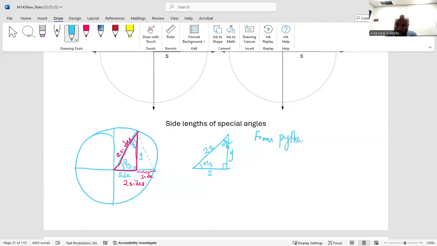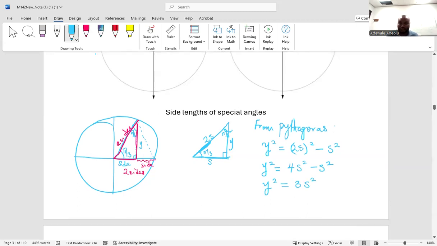From Pythagoras, y squared equals 2s squared minus s squared. This is the longest side, so if I want to know the other side, I need to subtract the square of this other length from the square of the hypotenuse. Therefore, y squared equals 4s squared minus s squared, and y squared equals 3s squared.